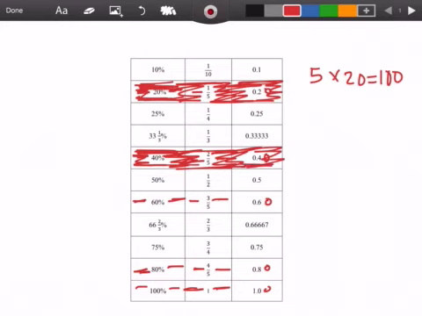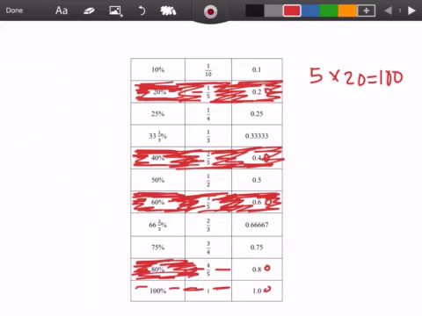Now, what this means is if it's giving you a percent like 20%, obviously the decimal is going to be super easy because you're just going to say, oh, that's just 0.20. But dealing with the fraction, you've got to make the connection that 20 and fifths go together.